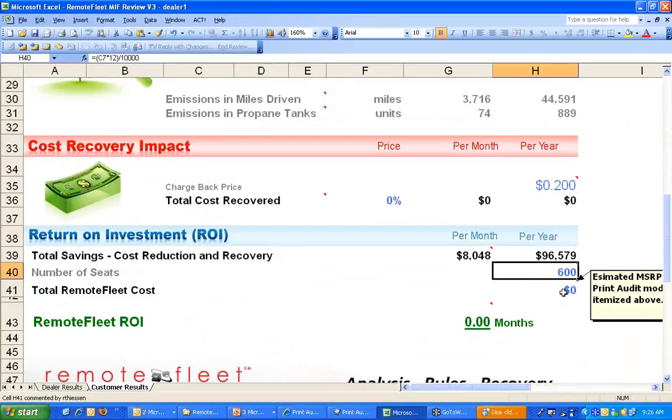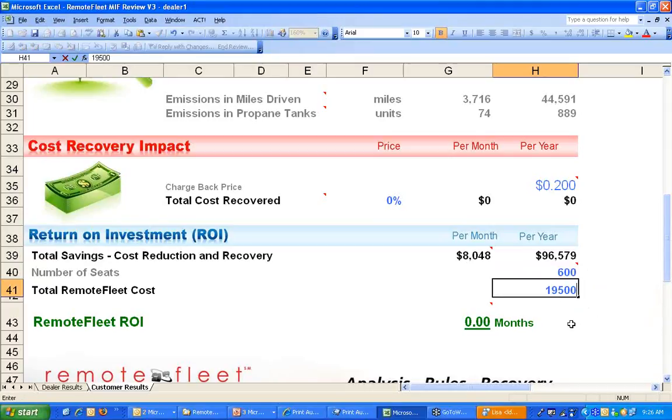And at 600 seats, you're looking at about a $19,000 package for just the rules alone. I think it's about $19,500. Oh, hang on one second. Didn't want it there. So $19,500 goes into the price for the software, which yields a return on investment of roughly 2.5 months in this case. We've been conservative in our estimates of what the benefits are here.